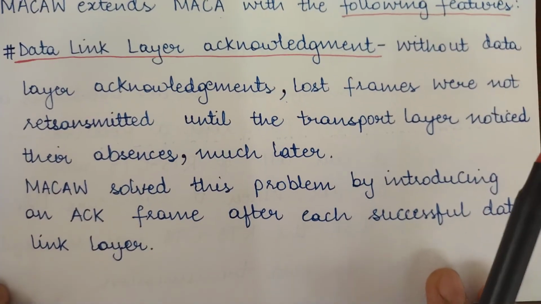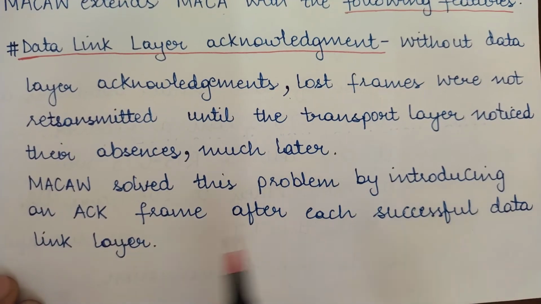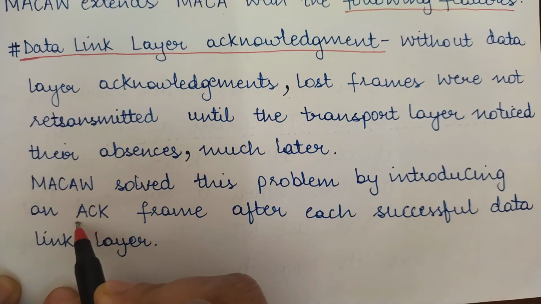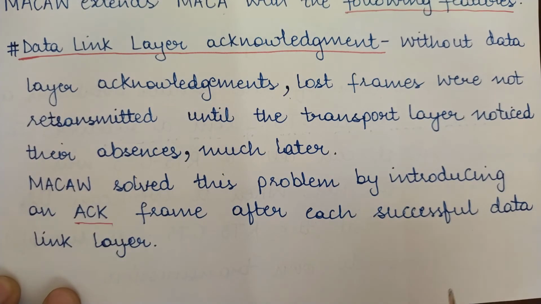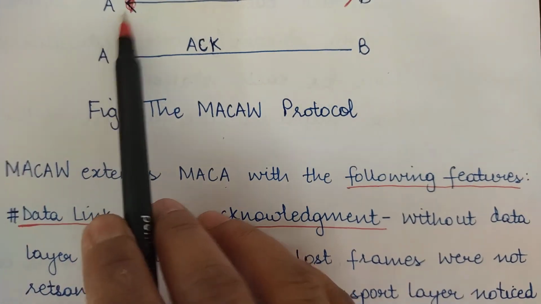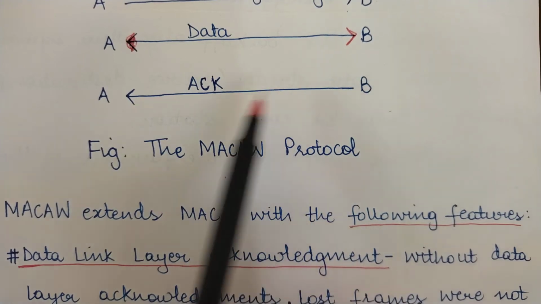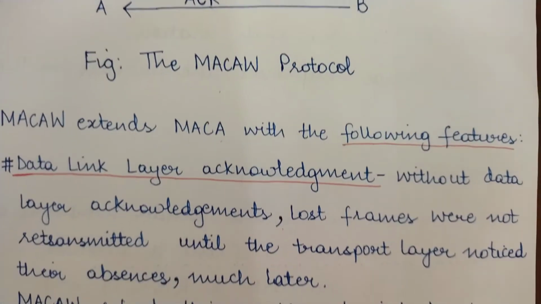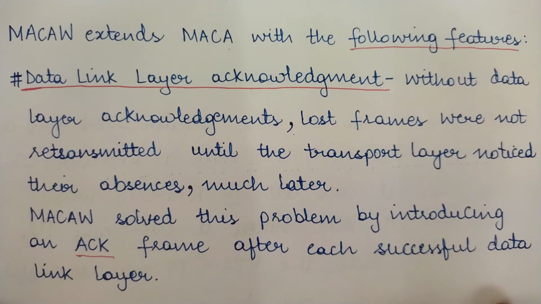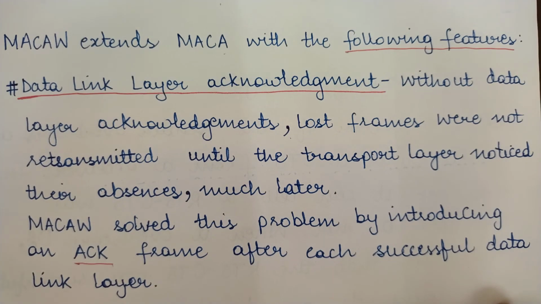MACAW solved this problem by introducing an acknowledgement or an ACK frame after each successful transmission. Whenever an acknowledgement is not received, the sender knows that the data frame has not been received.